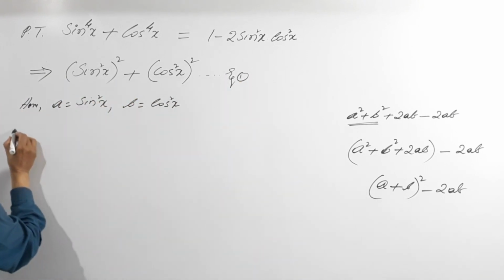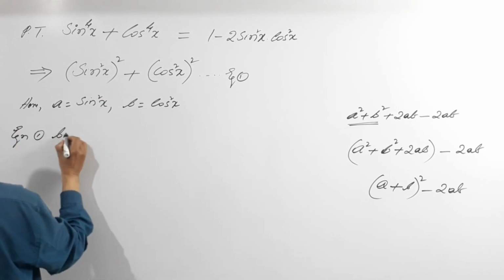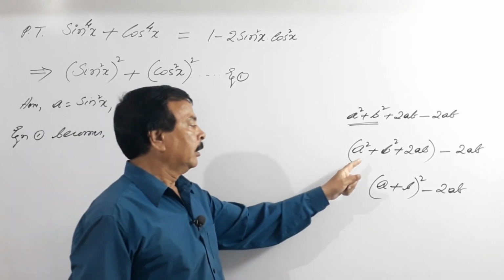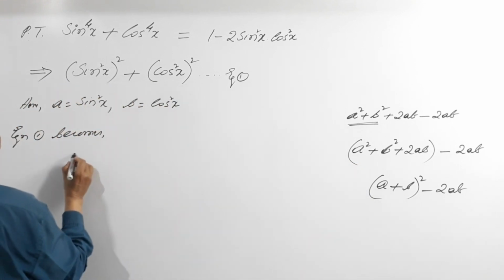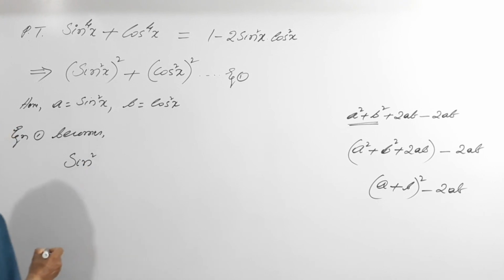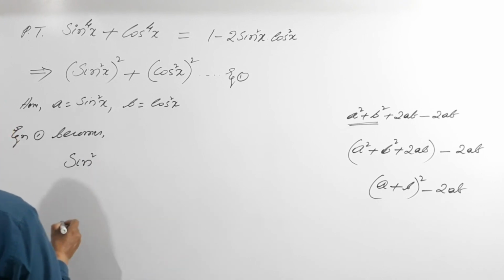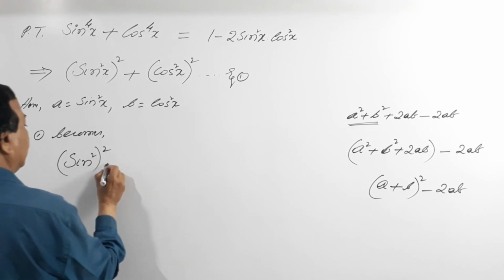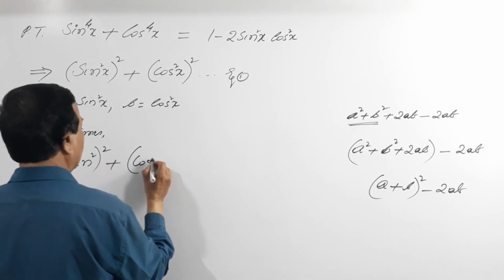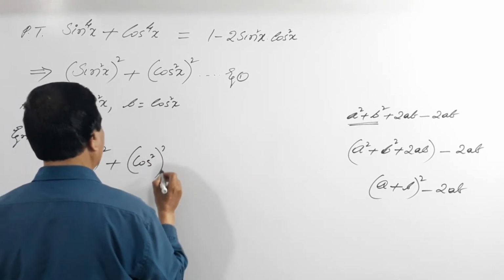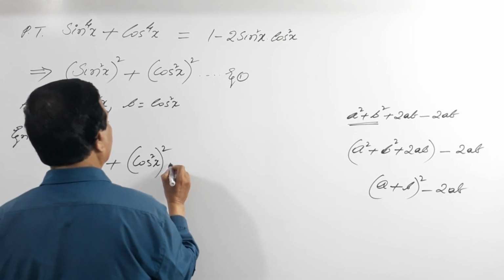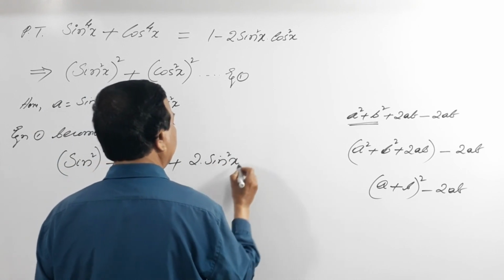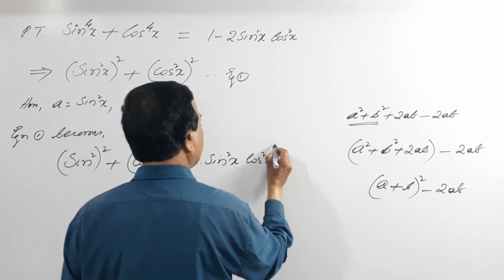Equation 1 becomes sin square x the whole square plus cos square x the whole square plus 2ab. 2 into a is sin square x into cos square x.